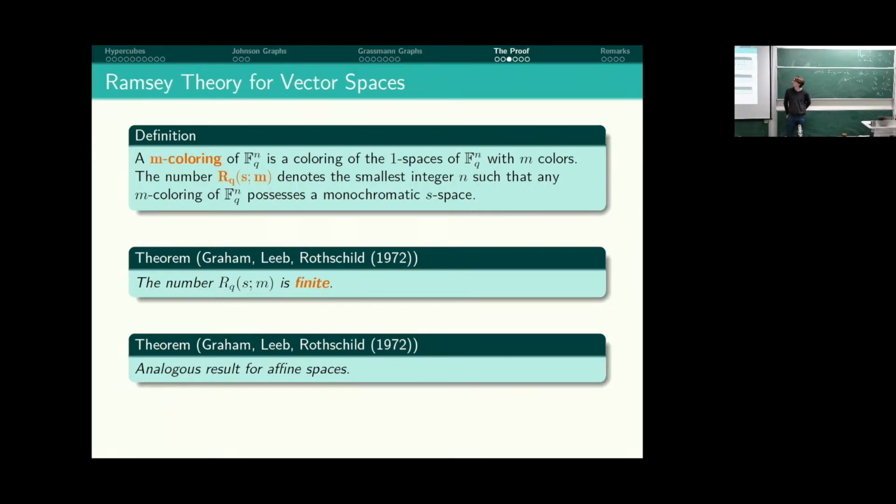And this you can prove using the Hales-Jewett theorem. There are several proofs of that result, all use Hales-Jewett. And the oldest one is from 1972. And it also works for similar structures, like, instead of projective spaces, you could say affine spaces is also fine. So you just remove a hyperplane.